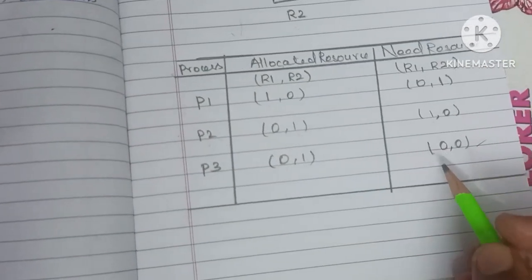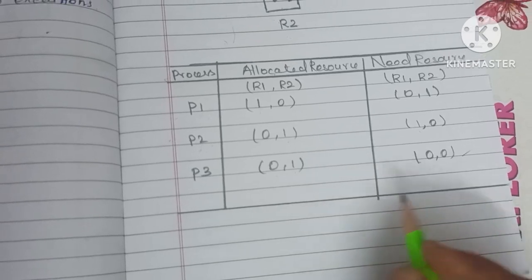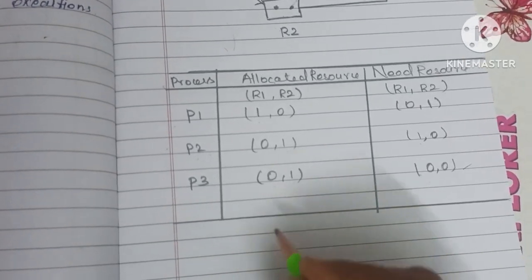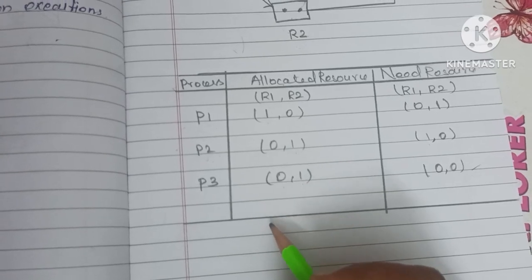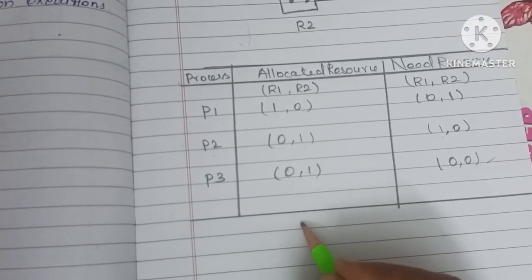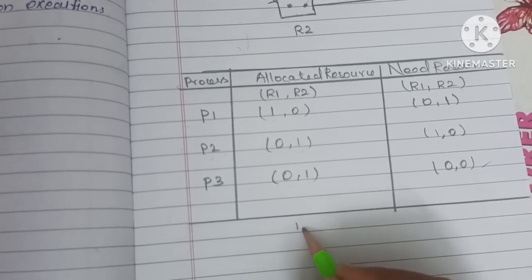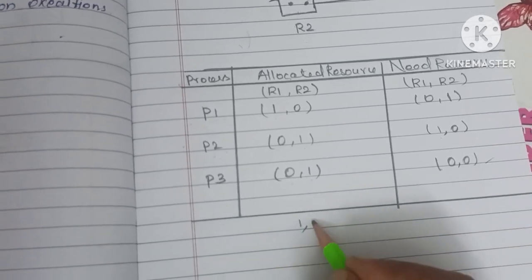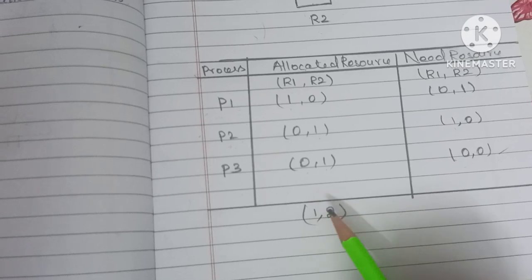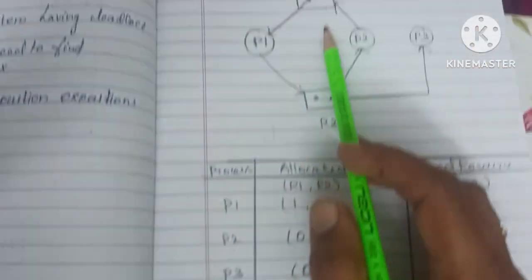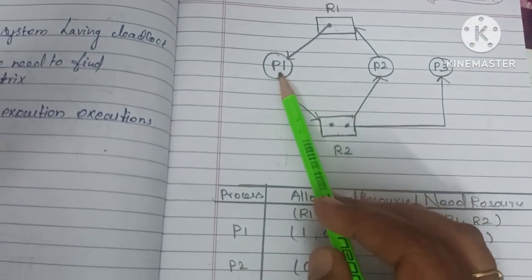Before that we have to calculate the available resources. Currently the available resource is 0, 0, because we have one instance of R1 and two instances of R2. R1 is already allocated to the process P1.